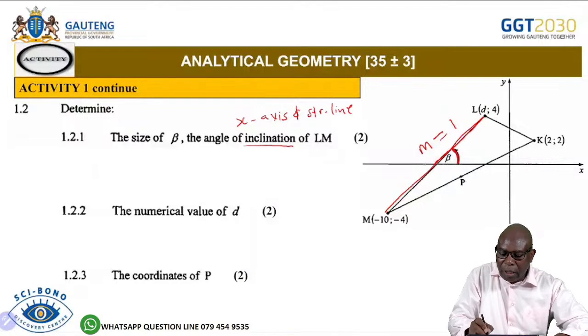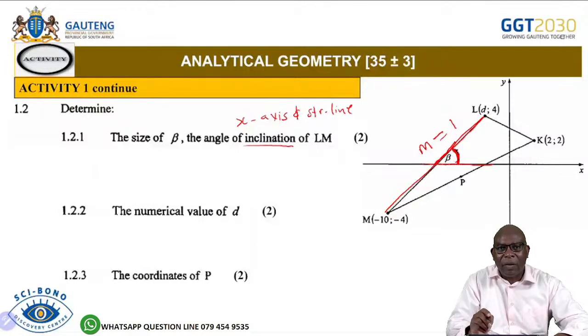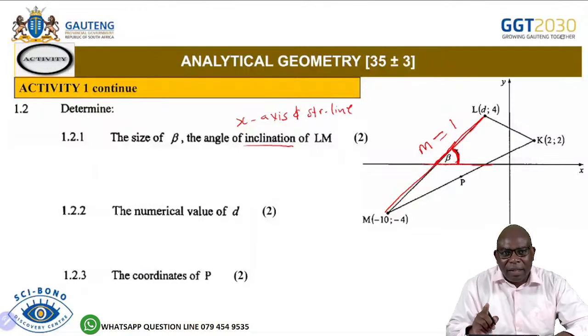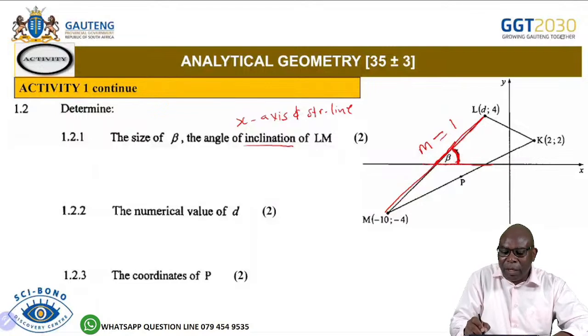So here is my x-axis, here is my straight line, here is my angle. Remember, what is an angle? An angle is the space between 2 lines with the same vertex. So that's the amount of space that is formed between 2 lines. Here are the 2 lines with the same vertex.